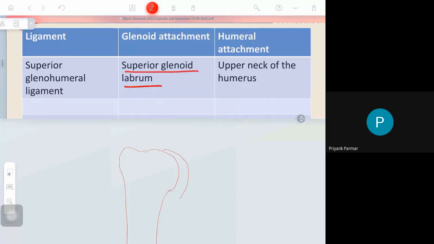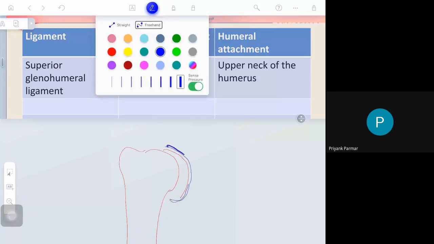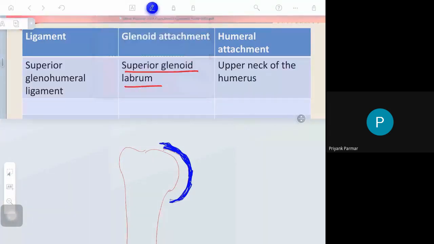You know the glenoid cavity has the labrum. Glenoid labrum, we discussed last class. Connecting at the border of the glenoid cavity, the labrum. So for the glenoid attachment, now I will draw in some other color.